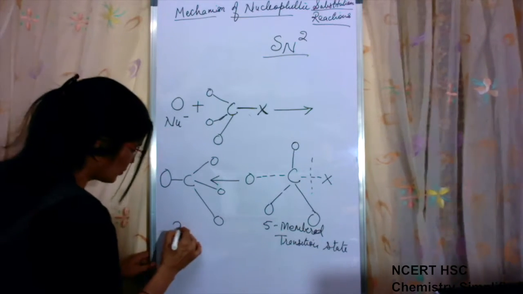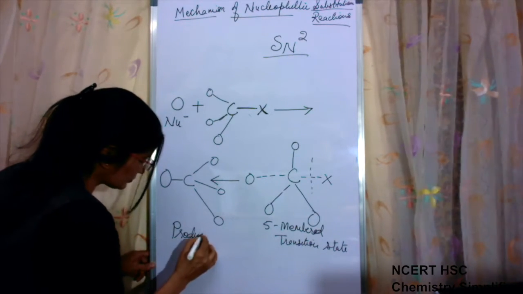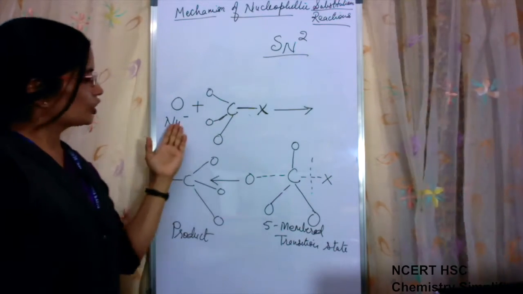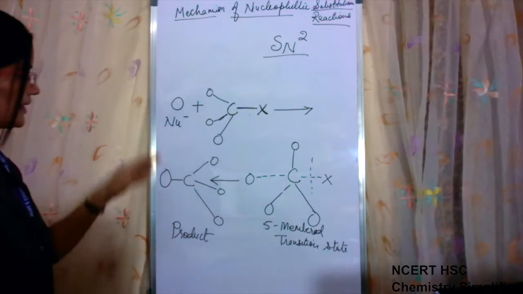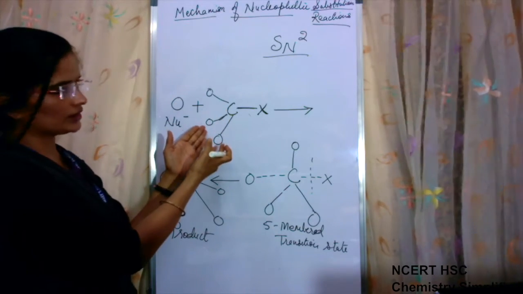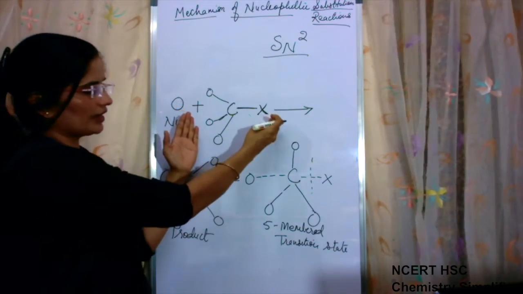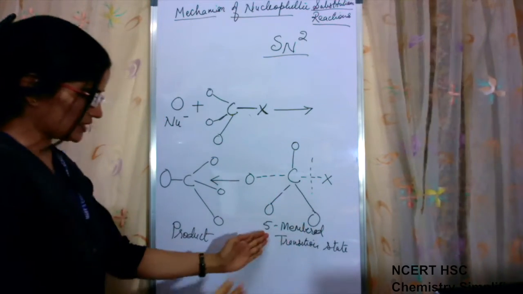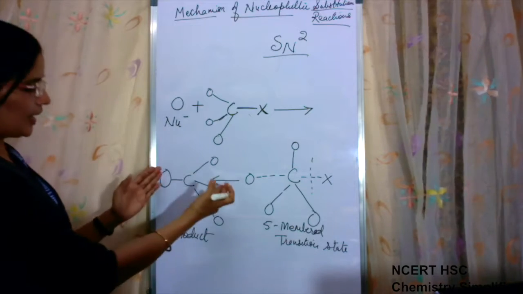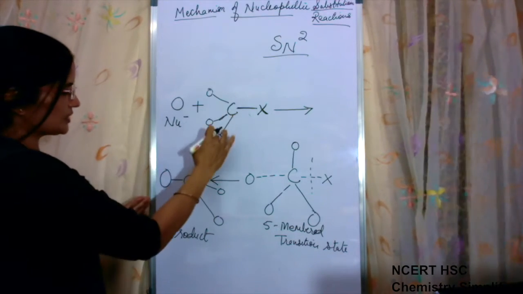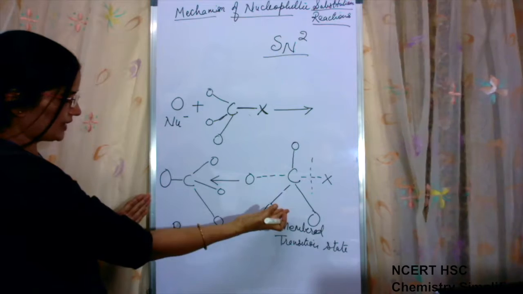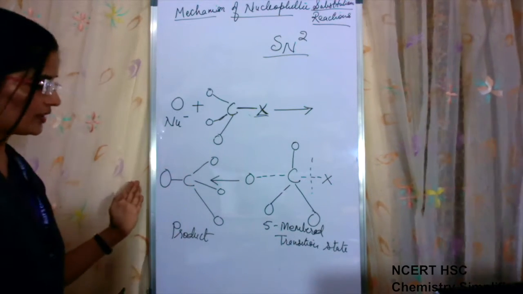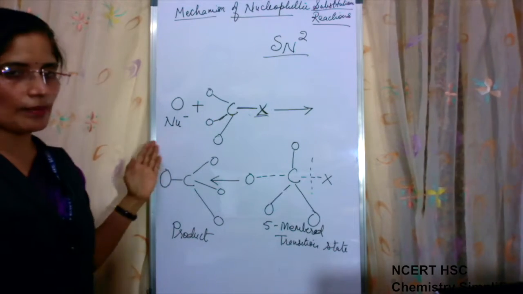This is the final product. That means in the SN2 mechanism, total inversion of the molecule takes place. The groups were on the left hand side, halogen was on the right hand side, then an intermediate is formed, which is a 5-membered transition state. And in the product, these atoms have come to the right side and instead of halogen, the new nucleophile has come on the left side. So this is complete inversion.